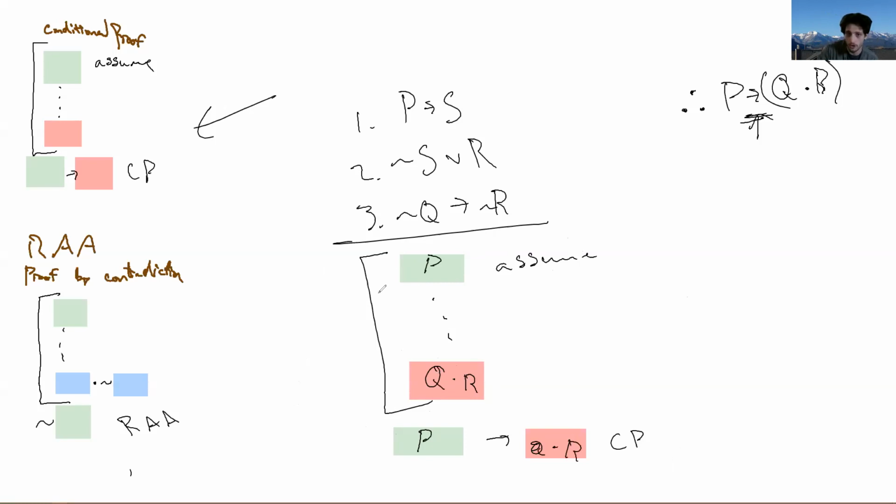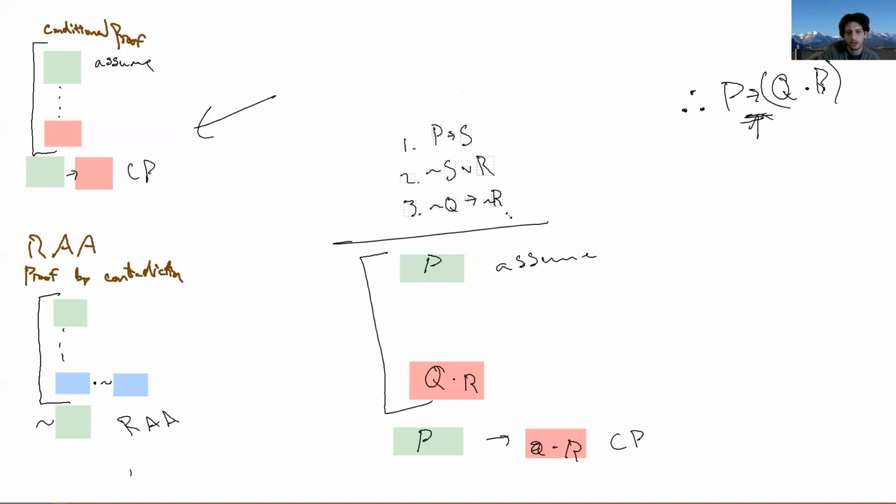Okay, so now all we need to do, really easy proof. How do we get from P to Q and R? Well, all right, so let me go ahead and take this stuff. Actually, I'm really enjoying that we can do that.